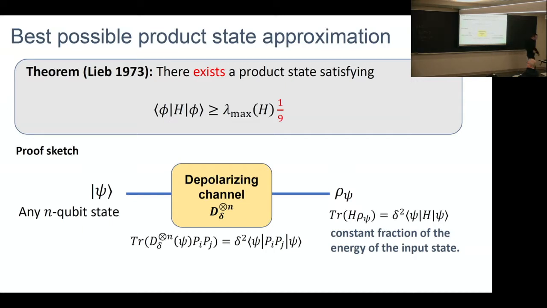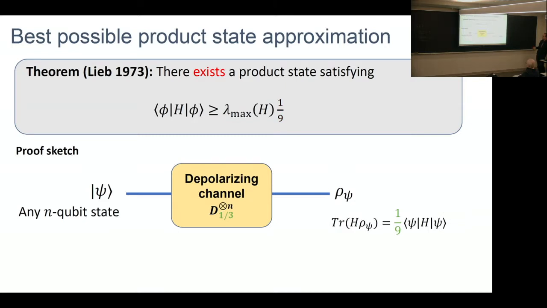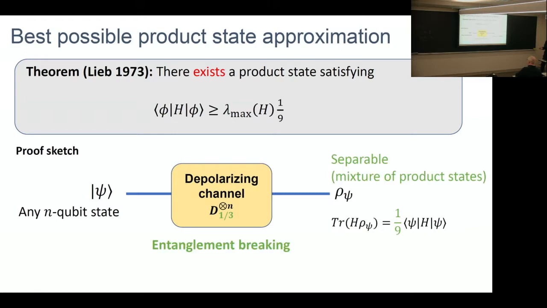But what's interesting here is that not only can we relate the energy, but if we choose this parameter delta to be 1/3, there's a magic fact about 1/3. This delta squared becomes 1/9, and that's the 1/9 we're getting here. And there's one more magical fact: when you choose it to be 1/3 or less, the channel becomes entanglement breaking.